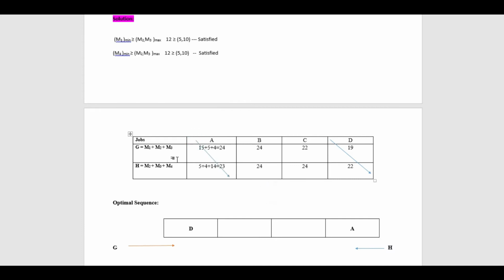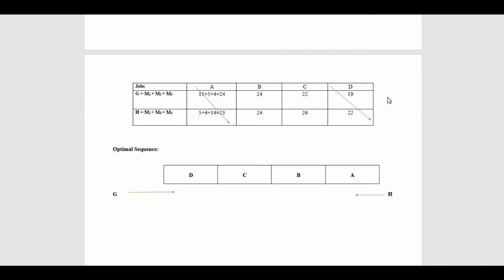Again move into G machine. The minimum processing time will be 22 for C machine, so put C here, and finally we have B.